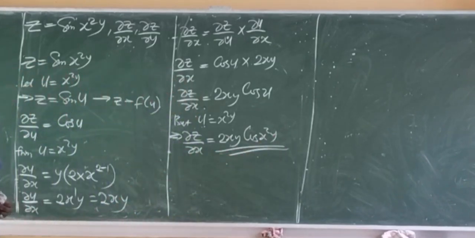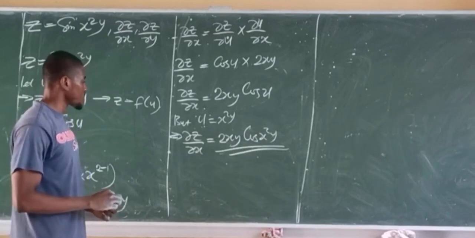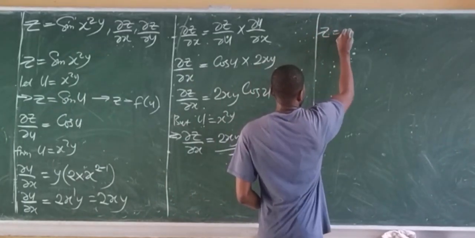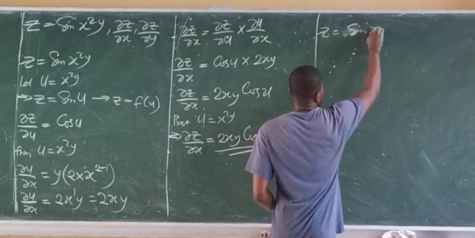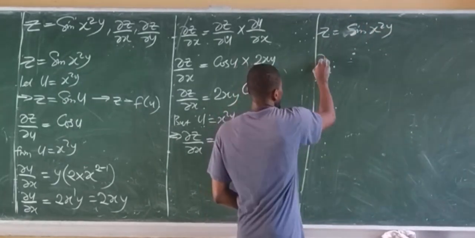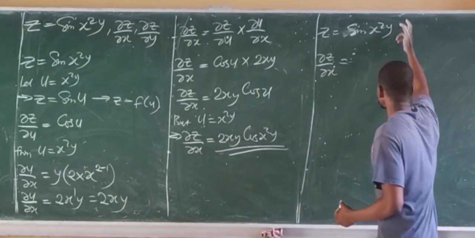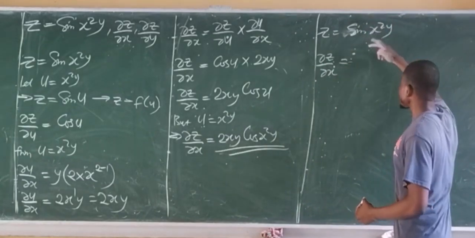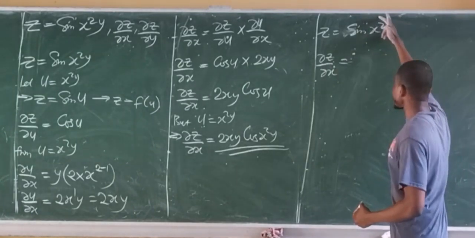Okay, so that's the normal approach. Now let's use the shortcut and see if we obtain the same result. We have that z is equal to sin(x squared y). From the shortcut, partial z, partial x is going to be simply what? Differentiate the angle. The angle is x squared y. Since I'm looking for partial z, partial x, I will differentiate the angle partially with respect to x.